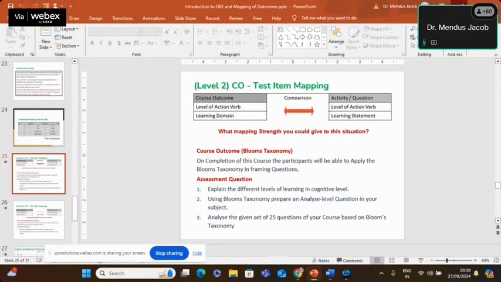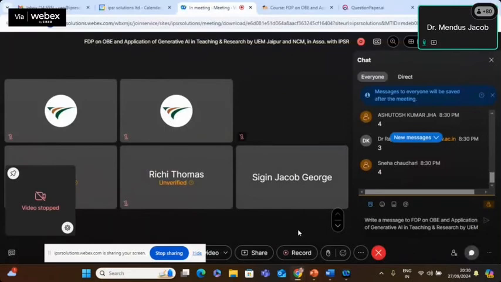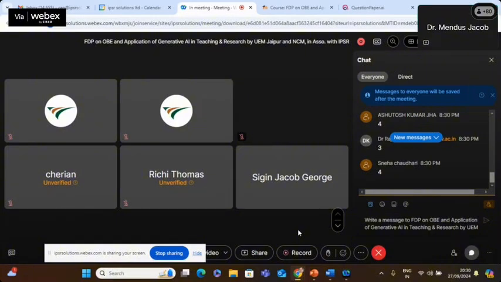Then we have the CO, the course outcome, which is of apply level, and the question is also of apply level. That means if the student gets 100% mark for this particular question, can I assume that there is full attainment for the CO?